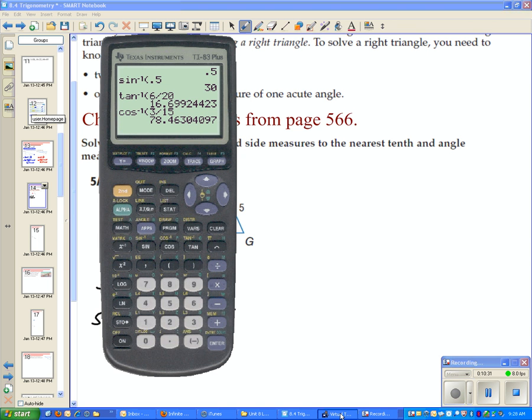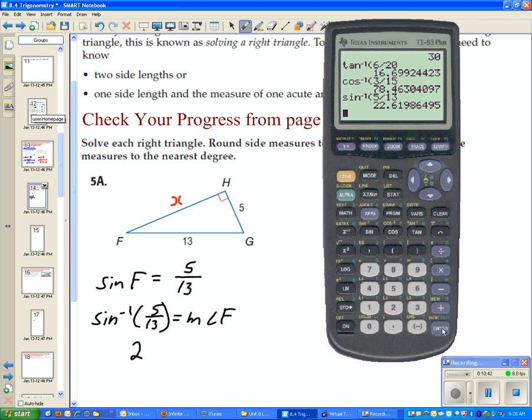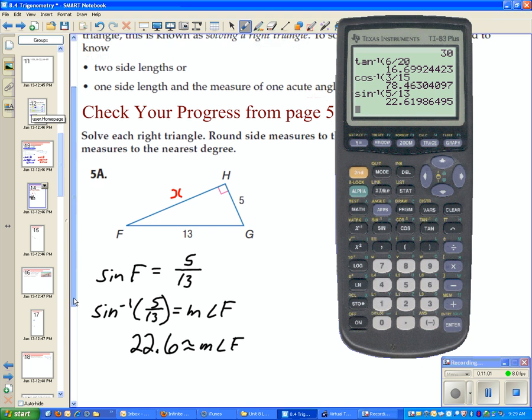And now let's use our calculator. The inverse sine of 5/13. So that'll be about 22.6 for the measure of angle F. All right. Now, I can do trig again to get G, or think about this.